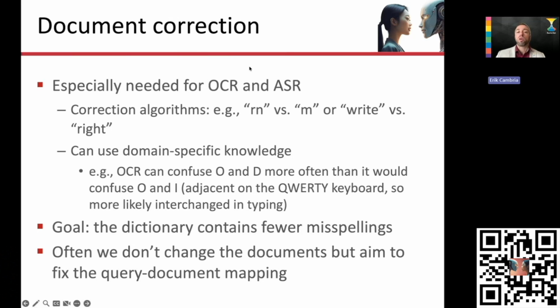But then if I'm talking about OCR, like handwritten text, then you have different problems. RN can pass as an M. And if I'm talking about speech, there are words that are written differently but sound the same, like right versus write.